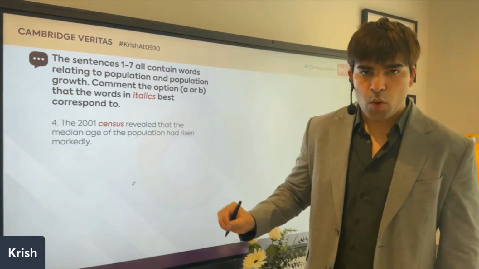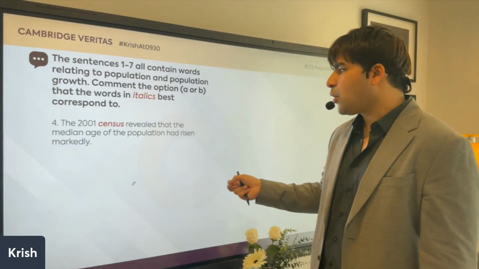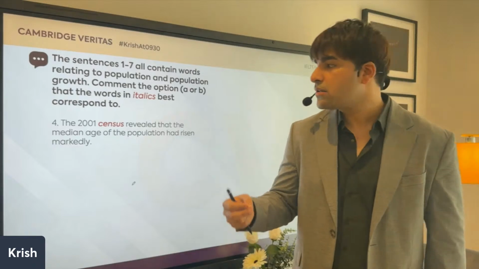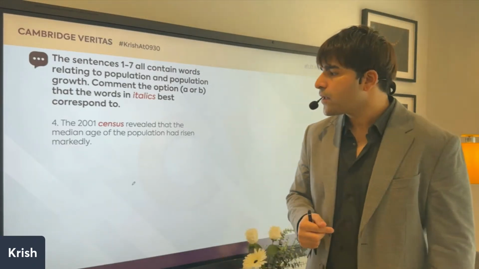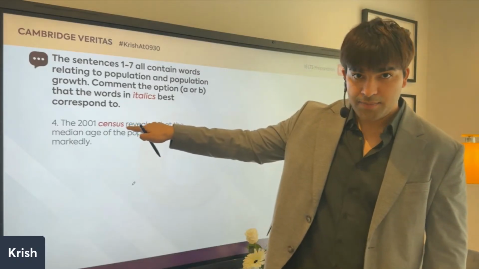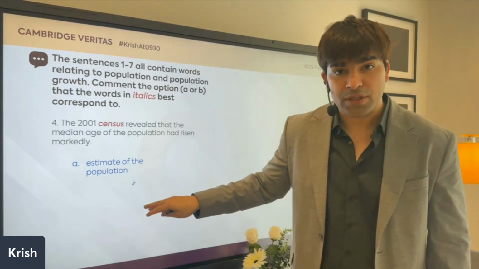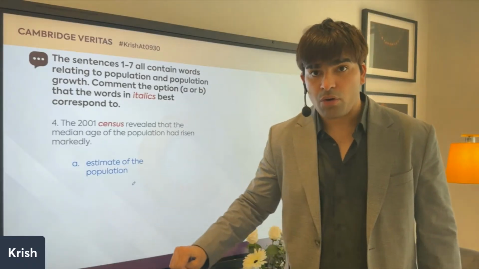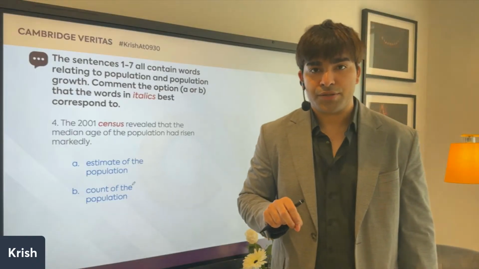In 2001, census revealed that the median age of the population had risen markedly. Markedly as in substantially. What is the meaning of the word census here? Is it A, estimate of the population, or is it B, count of the population?